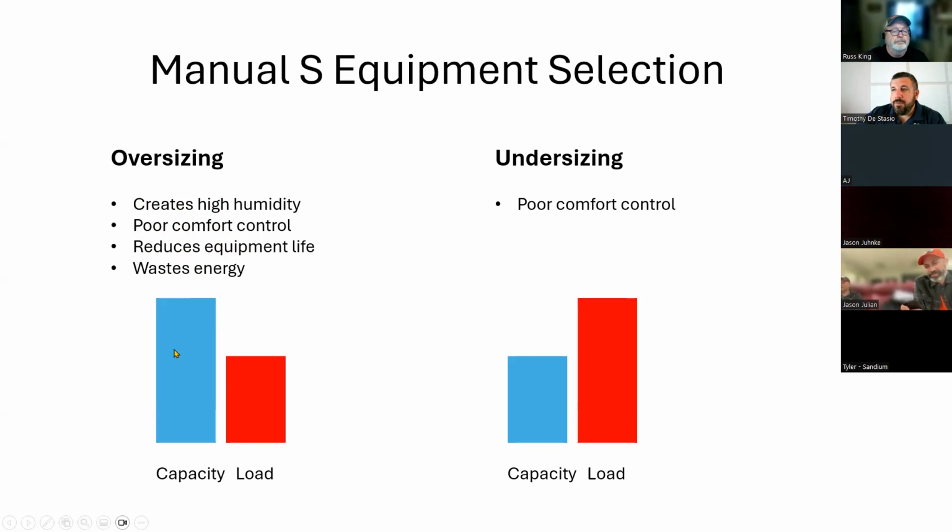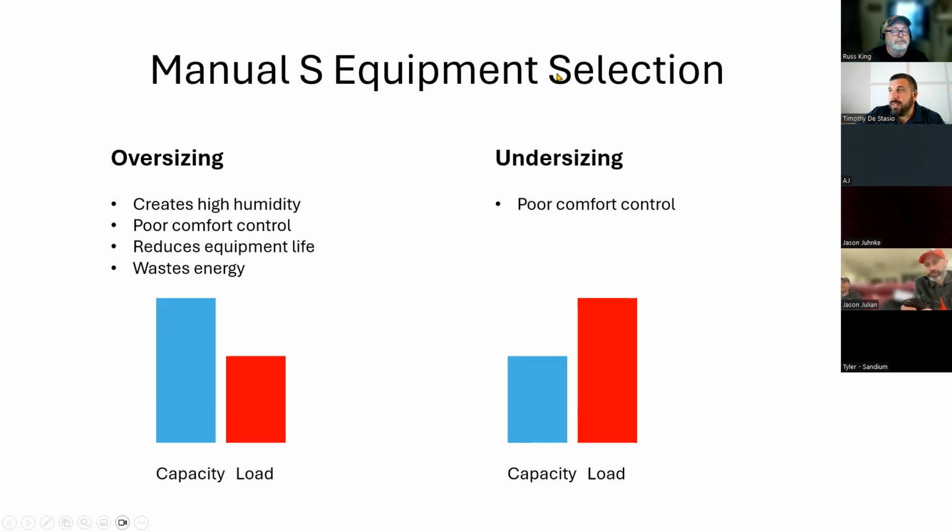So oversizing means that our capacity is way higher than our load. Undersizing, the only problem with that is that we have poor comfort control. The system can't keep up on a hot or cold day. And so if we have not a lot of capacity and too much load, if I had to pick between the two, I always pick undersizing because at least when I undersize the system, I'm not likely to grow mushrooms in the house and mold and all kinds of stuff.